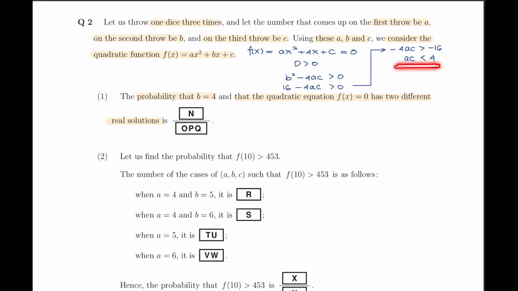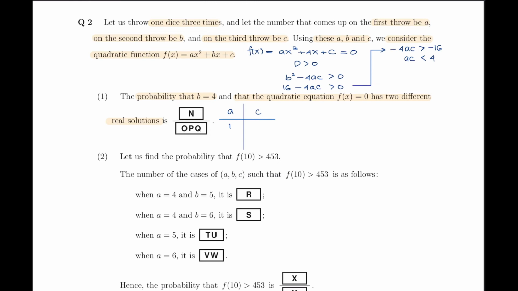This is the condition to determine the value of A and C. This is A, this is C. If the value of A is 1, then the value of C must be either 1, 2, or 3.